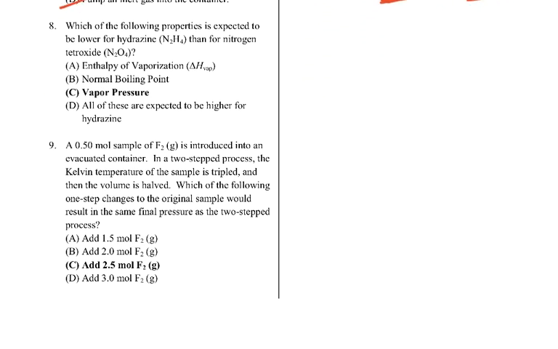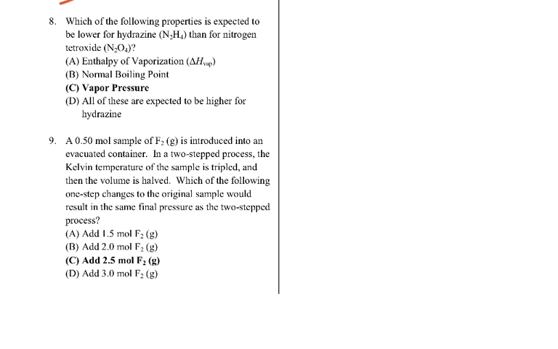Number 8, which of the following properties is expected to be lower for hydrazine than for N2O4? Again, you've got to think about intermolecular forces. So we have nitrogen bonded to hydrogens. And when we have nitrogen bonded to hydrogens, we shouldn't be surprised that we're going to get hydrogen bonding.